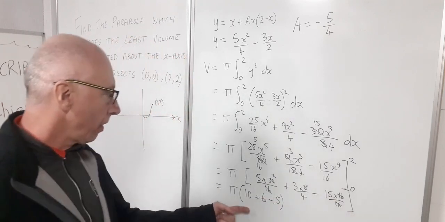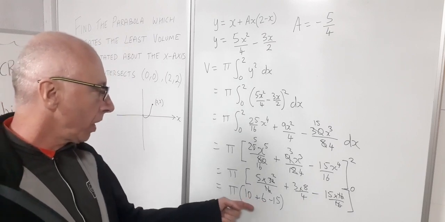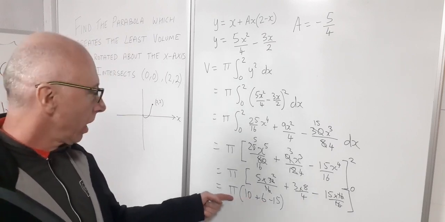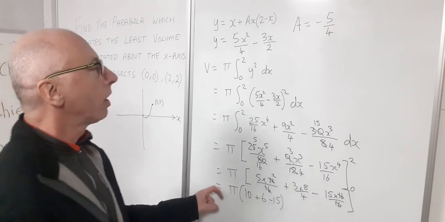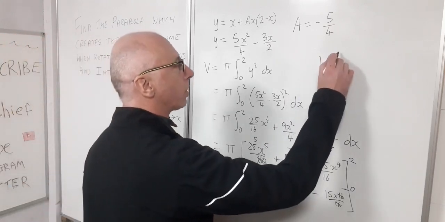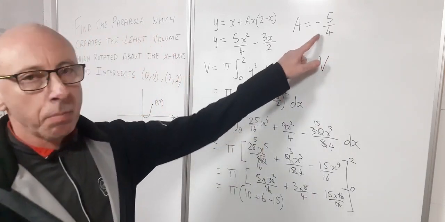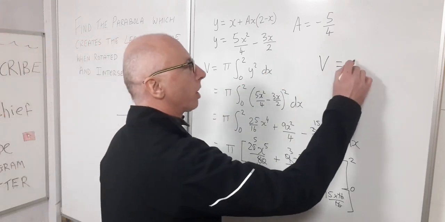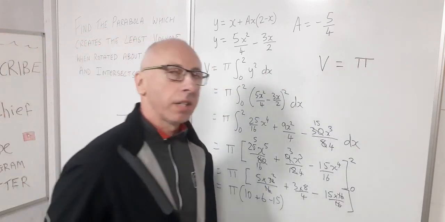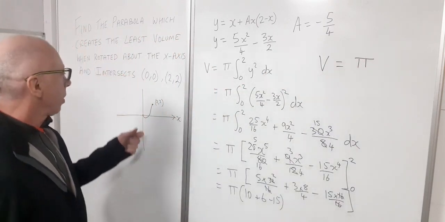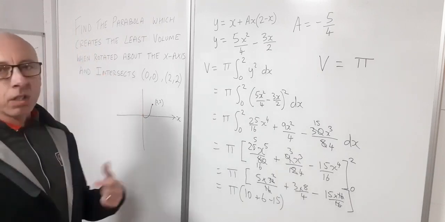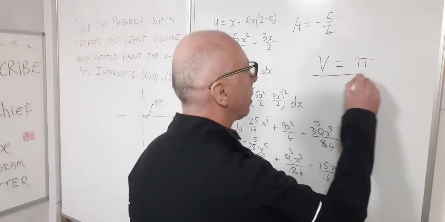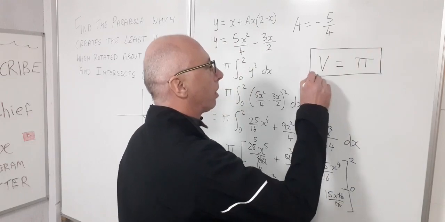Okay, so very interestingly, we've got 16 minus 15 is 1, and then pi. So therefore, our volume, which is our minimum amount at this parameter, just equals pi. So that's quite an interesting solution to that. When that rotates, the volume just gives us pi.